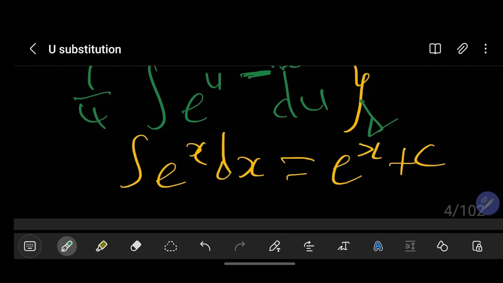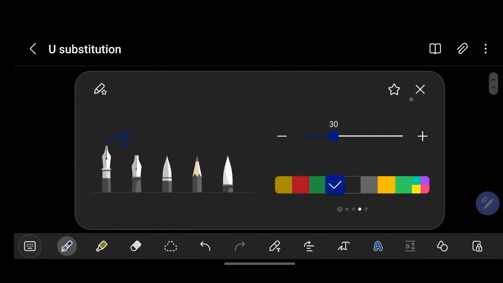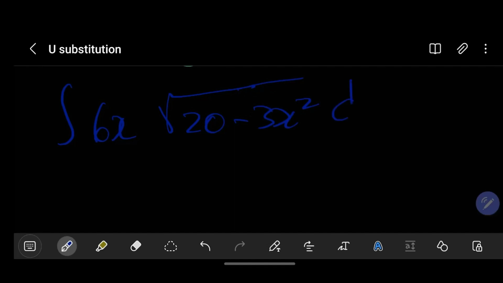Let's look at another example. Let's change the color, let's use blue. We want to find the integral of 6x times the square root of 20 minus 3x squared dx. So what is the first rule?